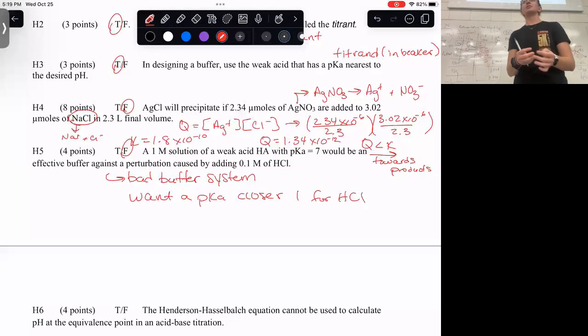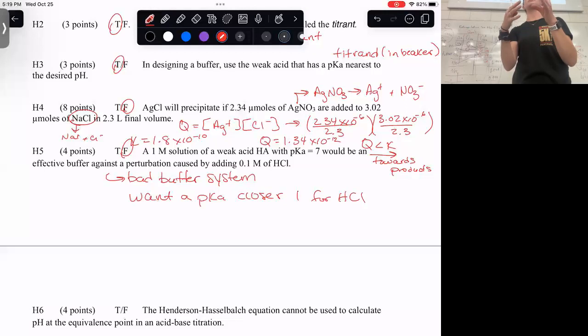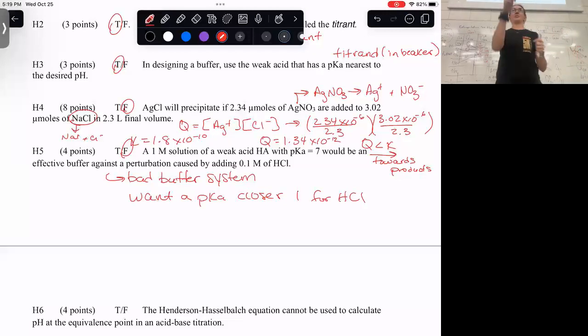Yep, because the buffer itself is going to be some acid or base around that pKa. So you're going to be adding that stuff to it, and the idea of a buffer is how can that buffer mitigate what you're adding? Does that make sense? Okay, go ahead. Yep, absolutely.